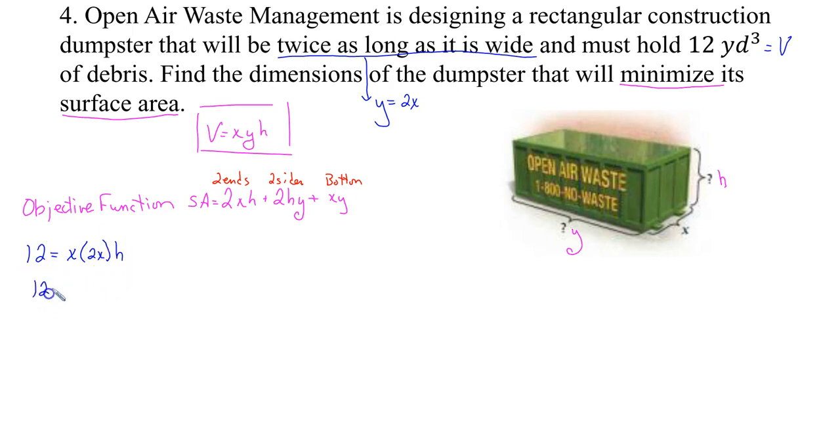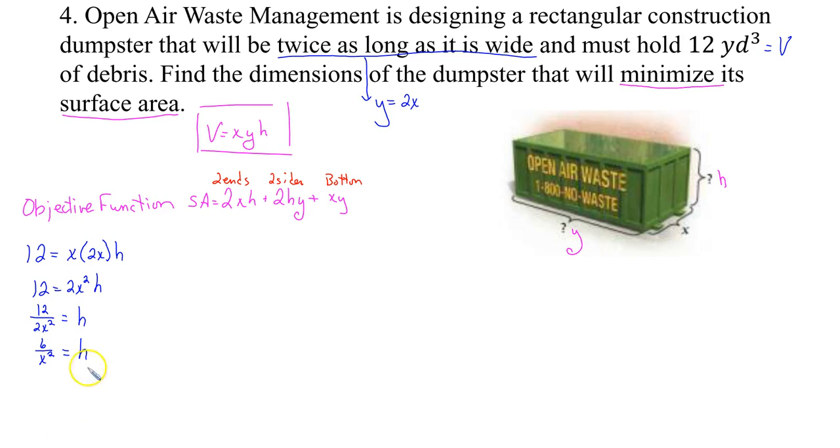So 12 is going to be equal to 2x squared times h, and then I can solve this equation for h. The height is going to be equal to 12 divided by 2x squared, or we can say that the height is equal to 6 over x squared.